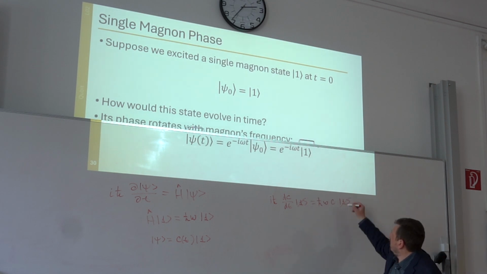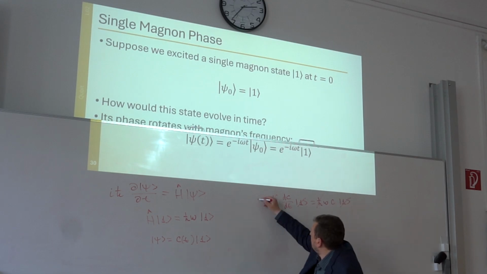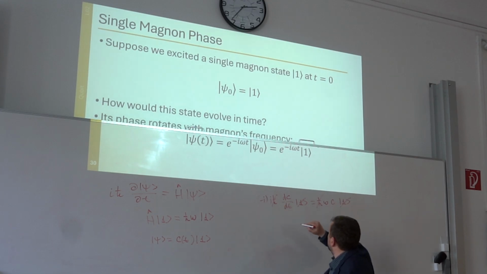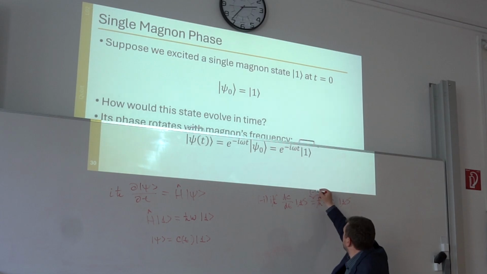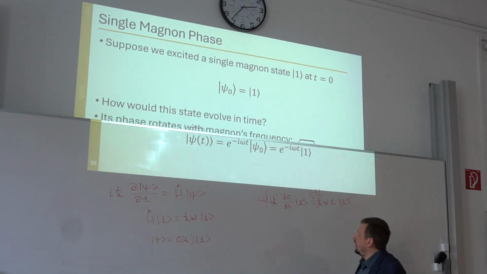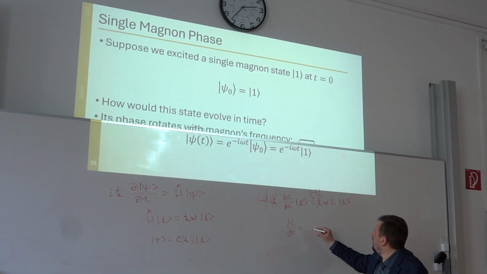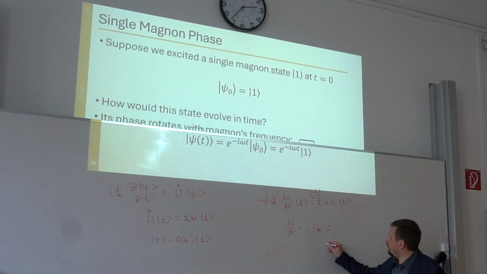Then this cancels. I multiply both sides by minus i, so i and minus i give me plus. So what do I have? dc/dt equals minus i omega c. So from this, c is e to the minus i omega t.